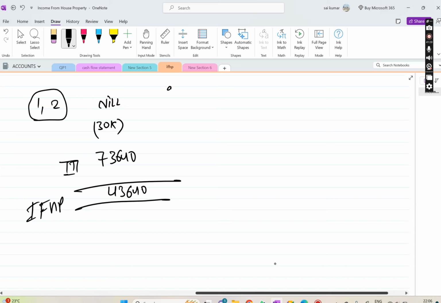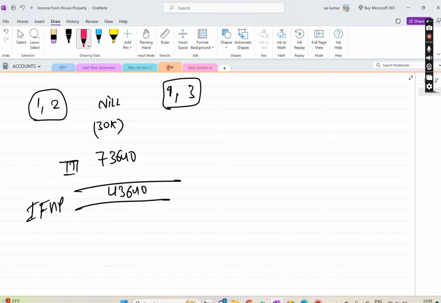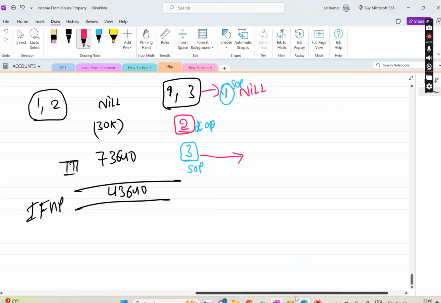Then next option is what? 1 and 3. If I choose 1 and 3, 1 anyway is nil, right? I am taking second as my deemed to be let out, and then 3 as my self occupied property. Okay, now come to the third one, self occupied property.